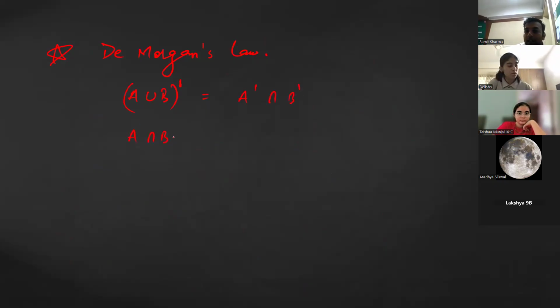Similarly, if you have A intersection B whole complement, then you can write it as A complement union B complement. Right? These are the two properties by which we can convert union to intersection and intersection to union using the complements of a set. I hope it's clear to everyone.